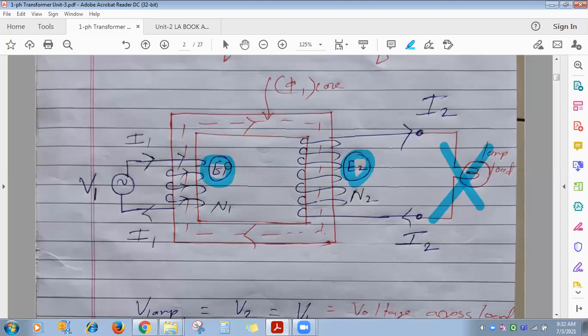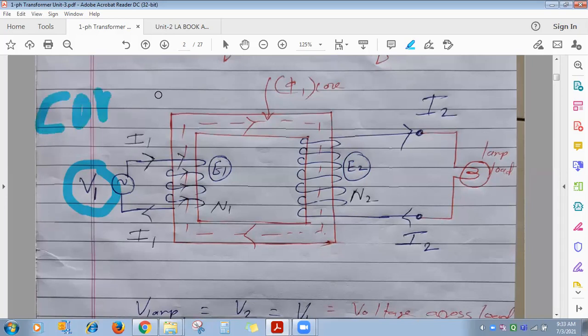Now E1 and E2 are constant, and whatever voltage we apply on the primary side of the transformer, practically it is constant everywhere. Manually we apply 110 volt or whatever the voltage range is. In practical applications almost all are constant. Manually we keep it constant.